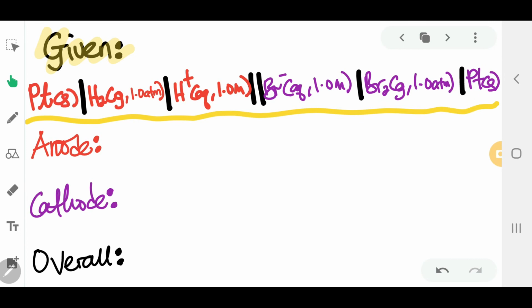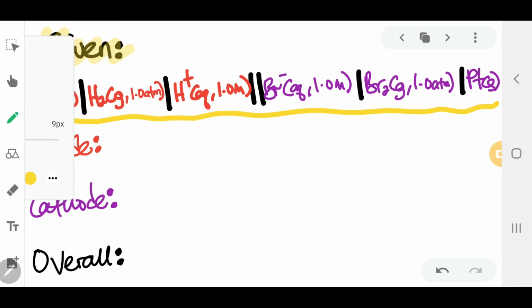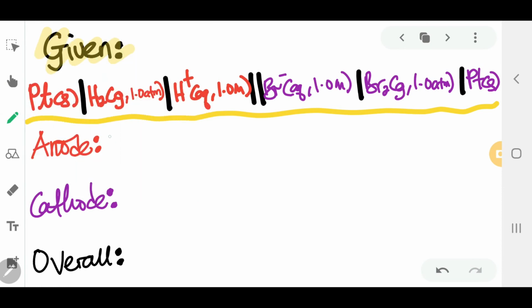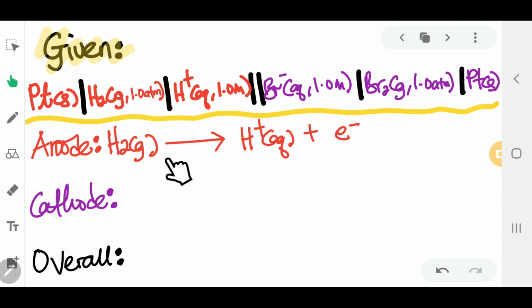So at the anode, okay, do you remember anode is losing of electrons? So you're going to have H2 gas right here, and it will be losing electrons, H plus aqueous plus electron, and you want to balance that out.